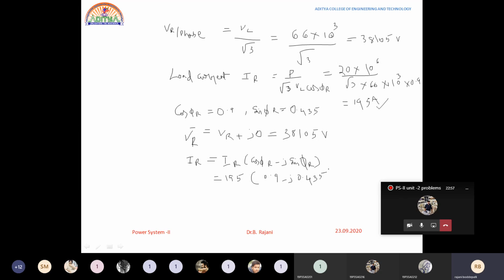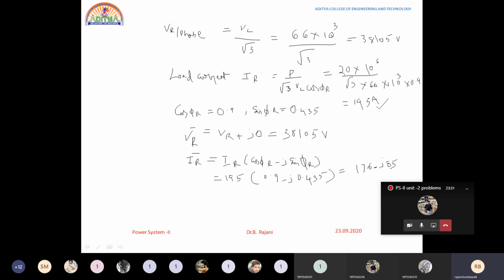Simplify this and tell me the answer, any one of you. Or else you check it once. You will be getting 176 minus j85. Now you have got the magnitude, the real part as well as the reactive part. This is the magnitude of IR that we have calculated here. The angle will be there, and we get the real and reactive parts this much.